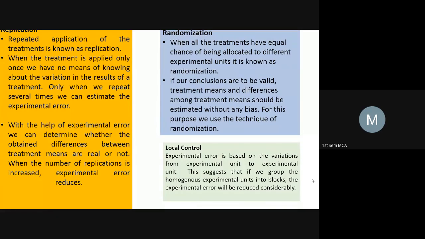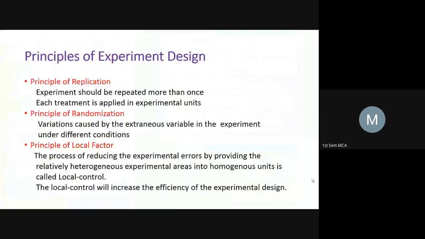There will be error. You cannot get 100%, but the errors that you are getting can be reduced. If you read some book, chapter or program n number of times, the chances of making mistakes will be very low. So this is nothing but your principle of replication.